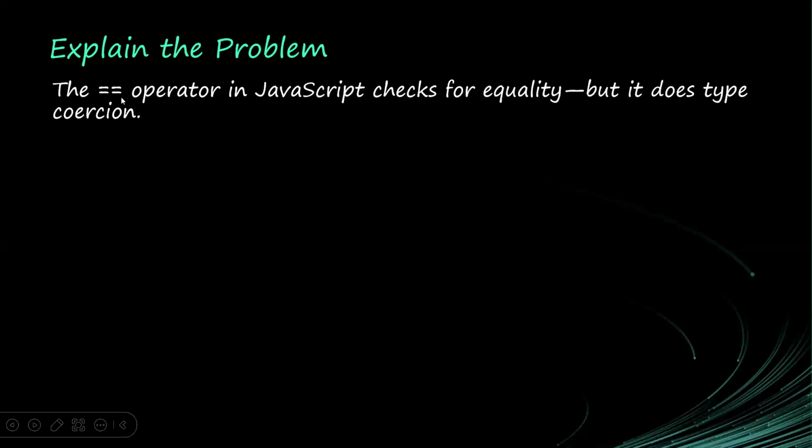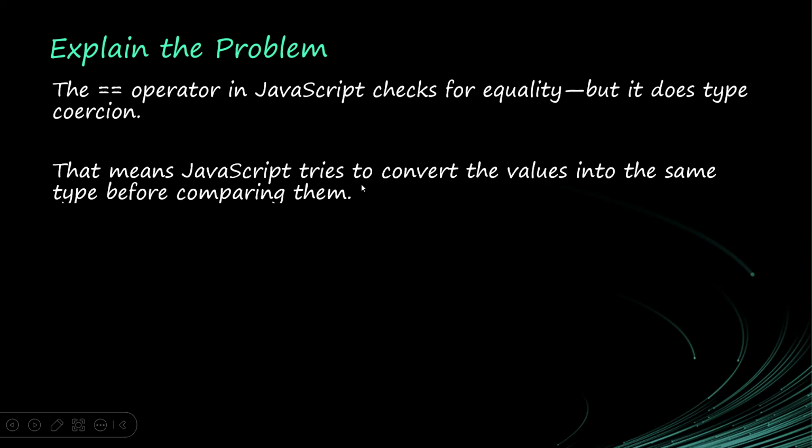The non-strict equal to operator in JavaScript checks for equality, but also does type coercion. Type coercion is type conversion. That means JavaScript tries to convert the values into the same type before comparing them. It converts the two values that you want to compare to the same data type first of all, and then compares their values.